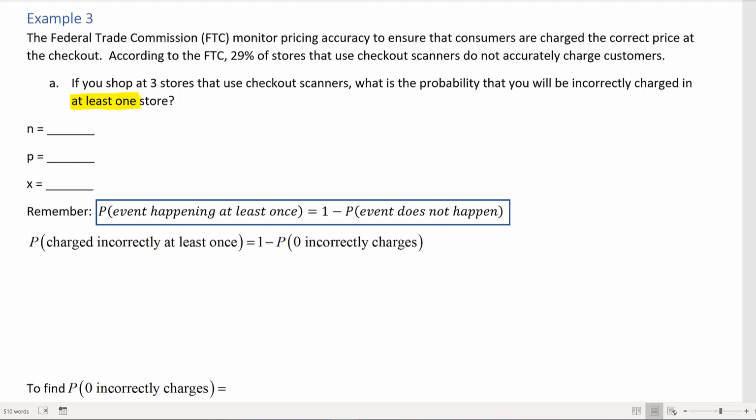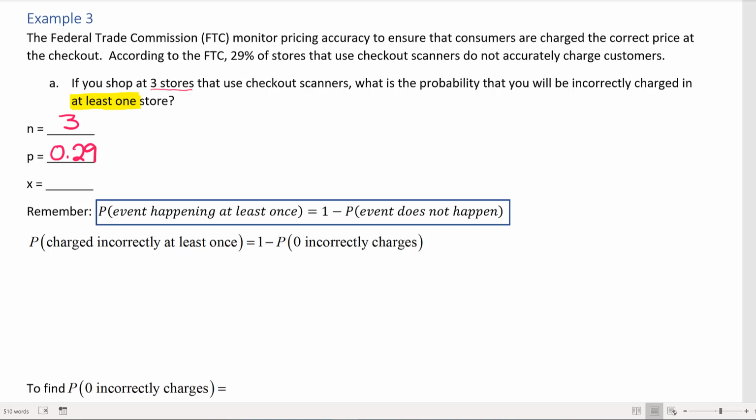Okay, so we know that this is a binomial experiment because there's only 2 choices. We're repeating this experiment 3 times, and going to one store versus another store is pretty much independent of each other. So my n is going to be 3 because we're going to 3 different stores. The FTC says 29%, so my probability is 0.29.